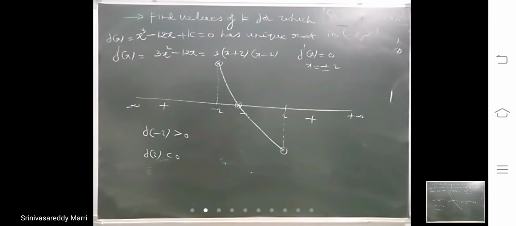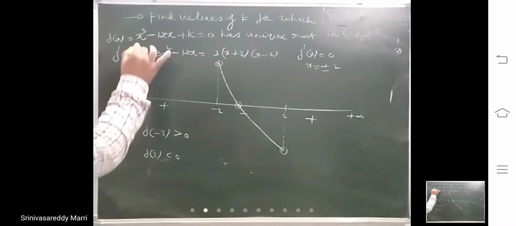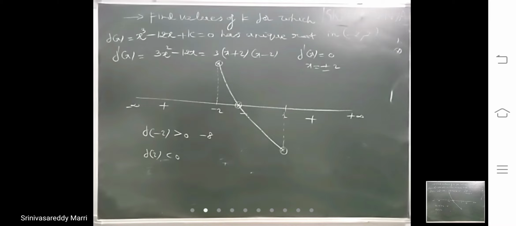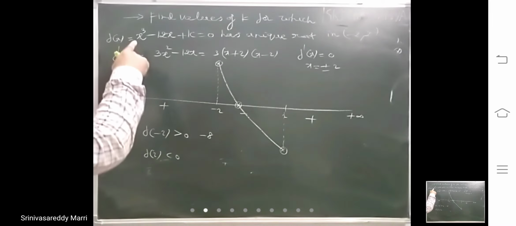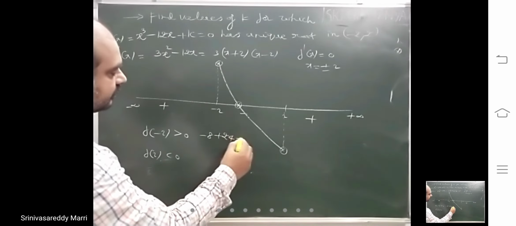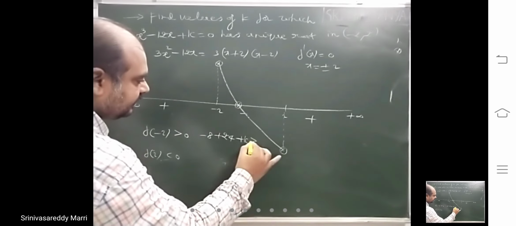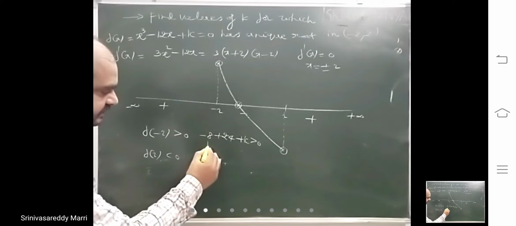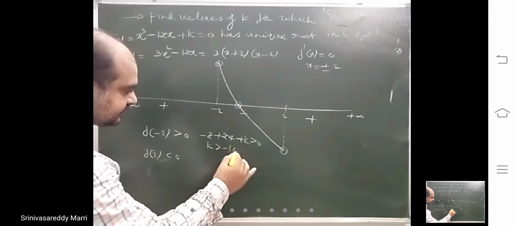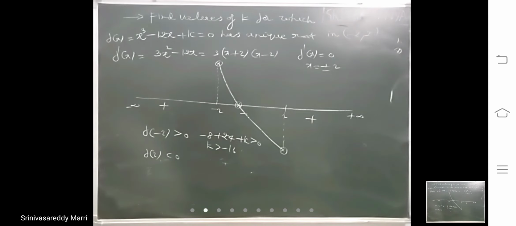So f of minus 2 positive means substitute this: minus 8 plus 24 plus k greater than 0. That means k greater than minus 16.